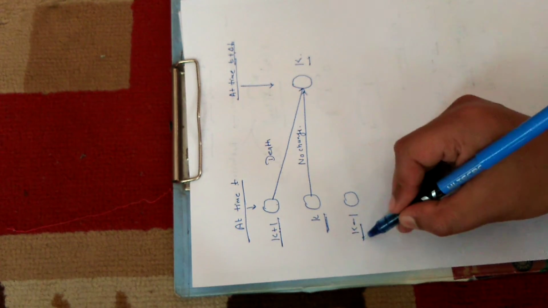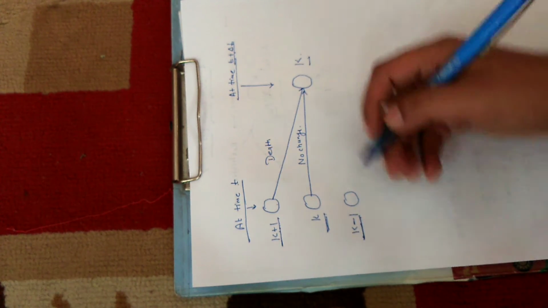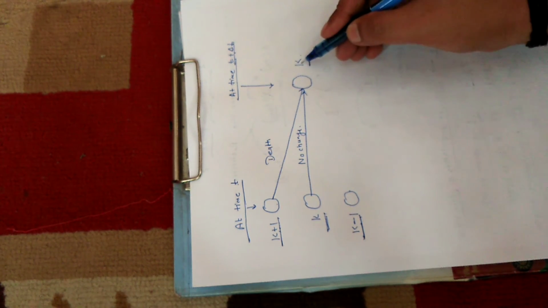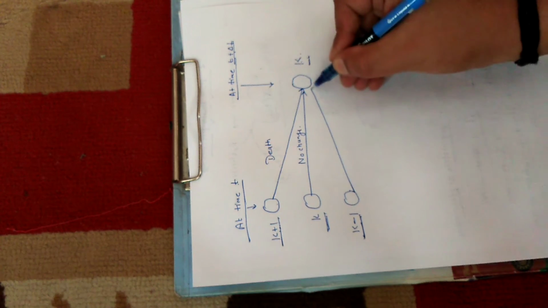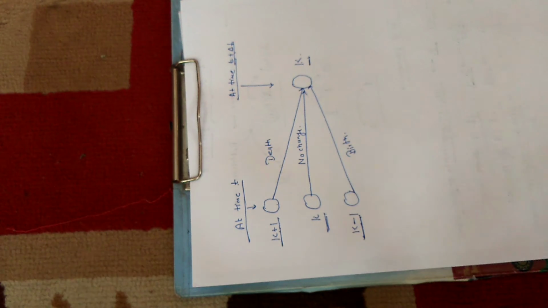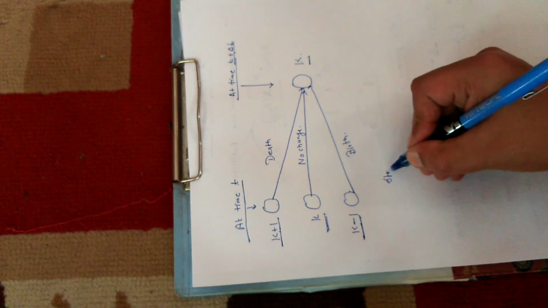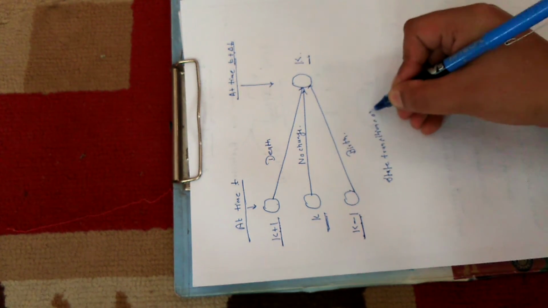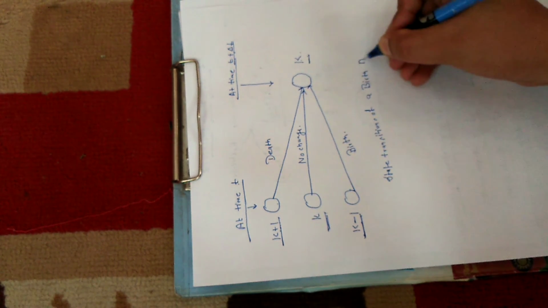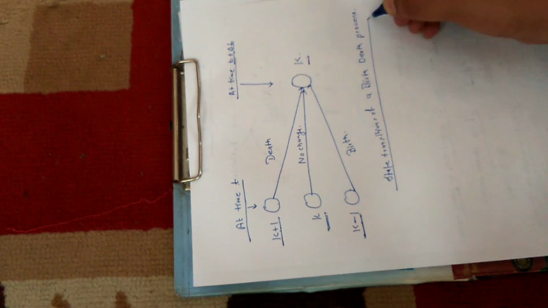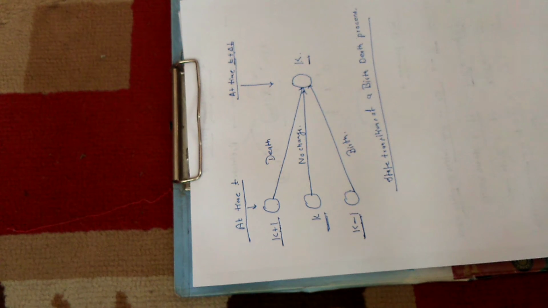If at time t the population is k minus 1 and after time del t the population is k, then a birth occurred. So this is the state transition of a birth death process.